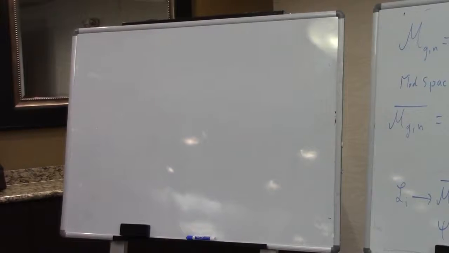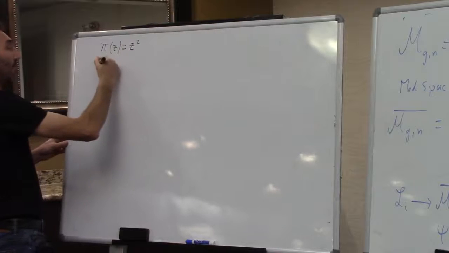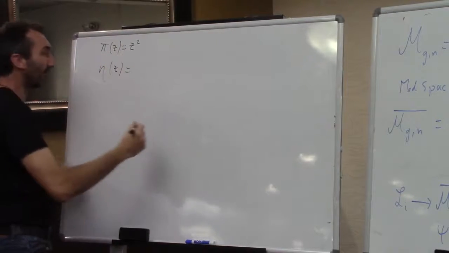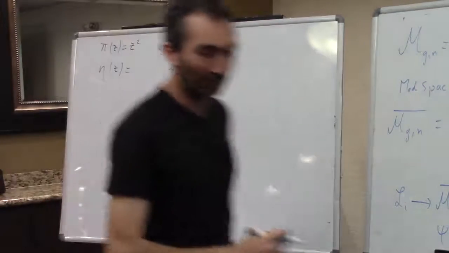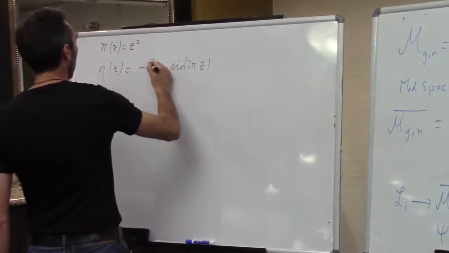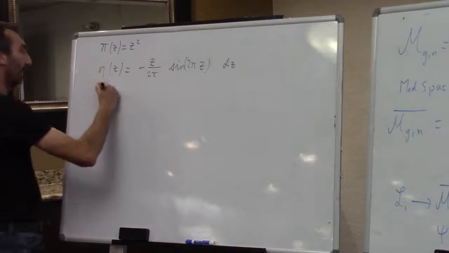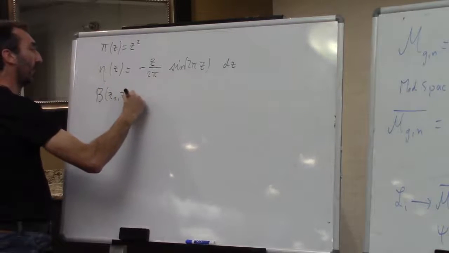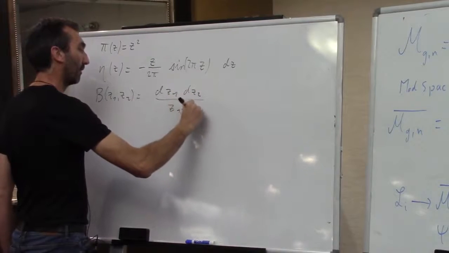So let me take the example where pi of z equals z squared, and eta of z will be sine of 2 pi z times some prefactor that I don't remember better, minus 1 over 4 pi, okay, and B of z_1, z_2 is dz_1 dz_2 over (z_1 minus z_2) squared.